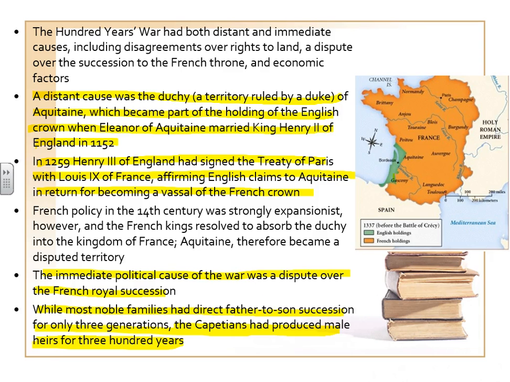So what we want to look at initially is like a crisis of succession. That's when you have a monarch who does not have a secured successor.